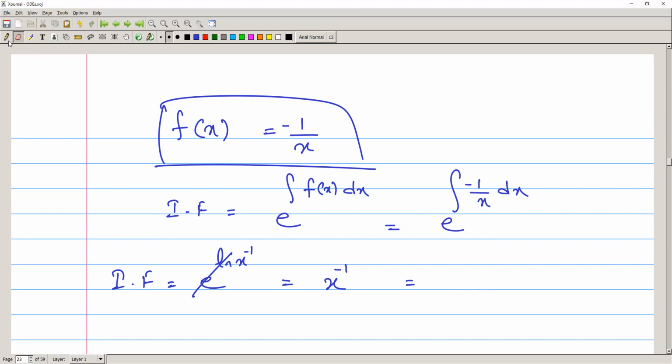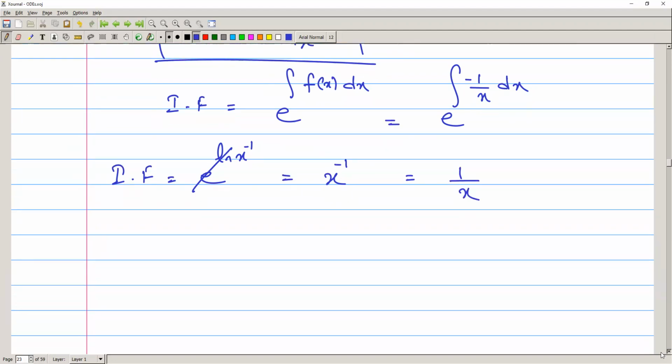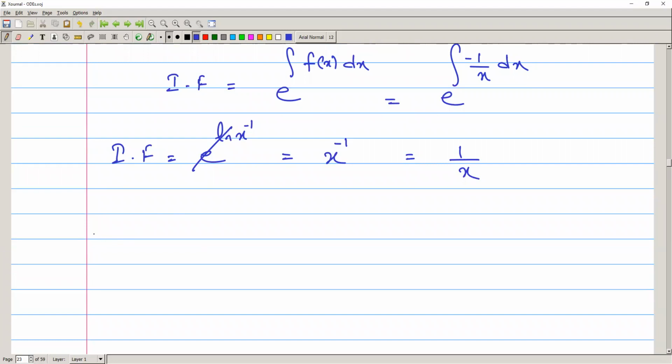Yes, it's 1 over x. Yes, it's fine, it's 1 over x, right? So this is the integrating factor in this case, so we can multiply the equation by 1 over x.